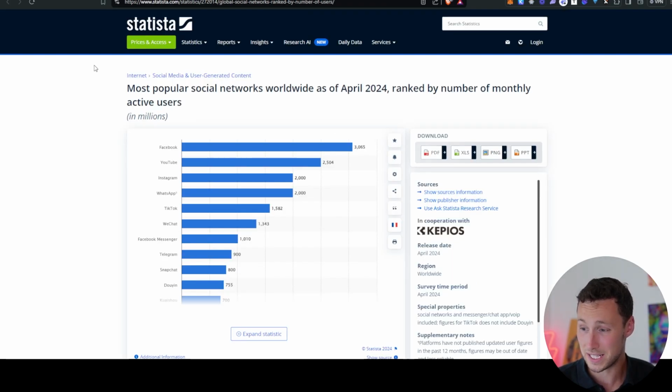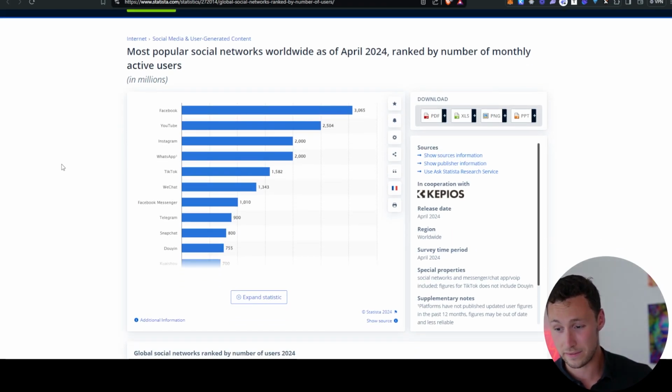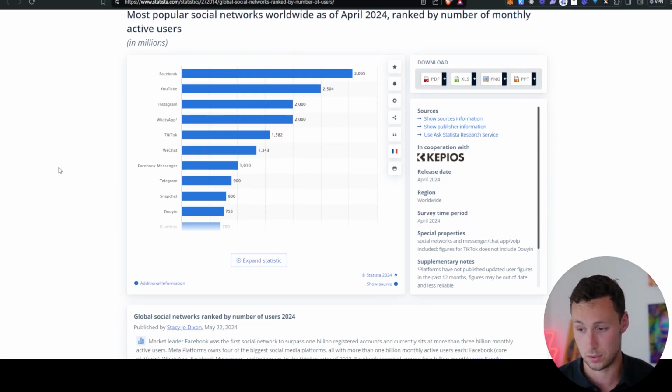This is pretty significant because Telegram is one of the most used applications in the world. As of April 2024, it had around 900 million users. For reference, that's more than Snapchat, just below Facebook Messenger, and places it in the top 10 applications worldwide in terms of users.